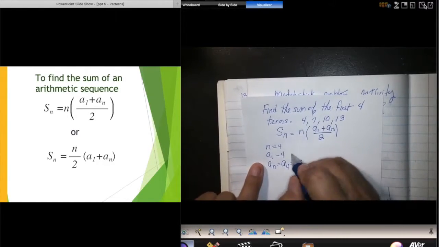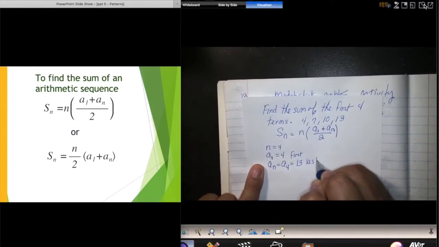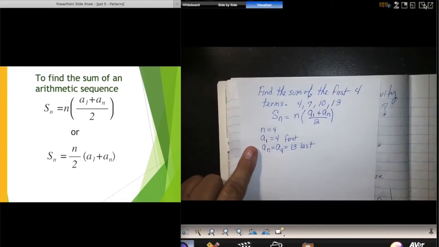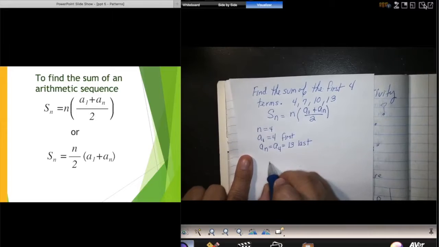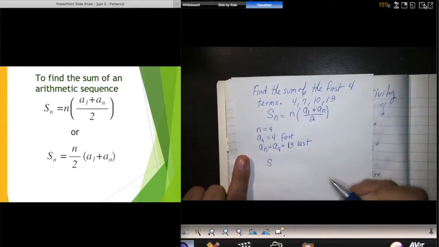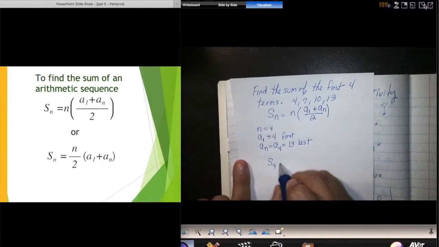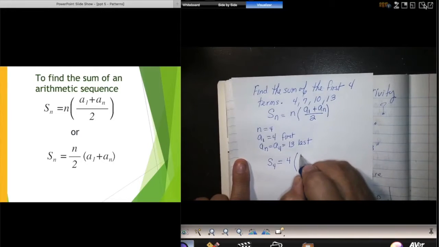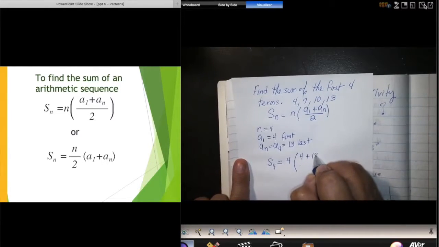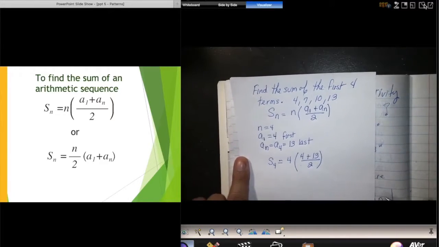So we need to know the first and the last. Okay, do I have them all? Let's go ahead and set it up. So the sum of the first 4, S sub 4, is equal to n times the first number plus the last number, all divided by 2.